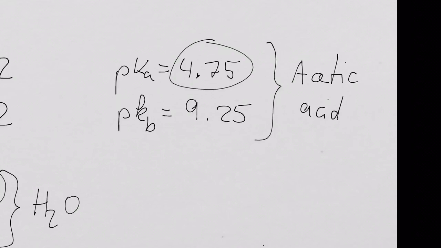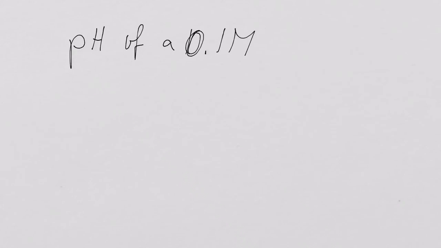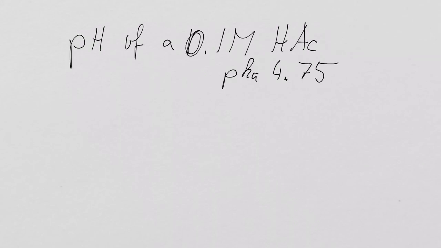So what is the pH of a 0.1 molar acetic acid, pKa 4.75? Strong acid, weak acid. What did we say?